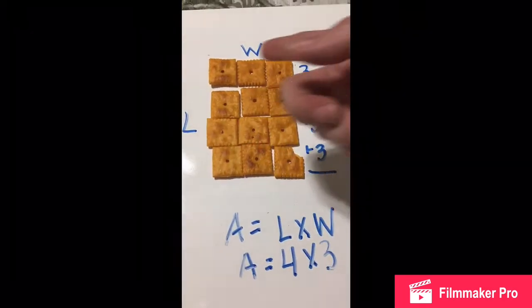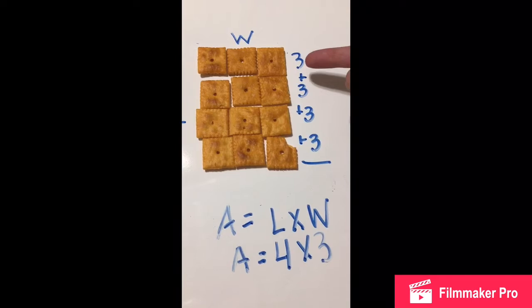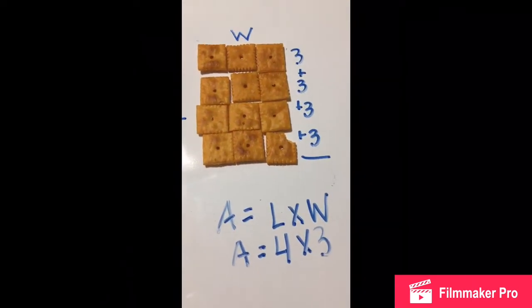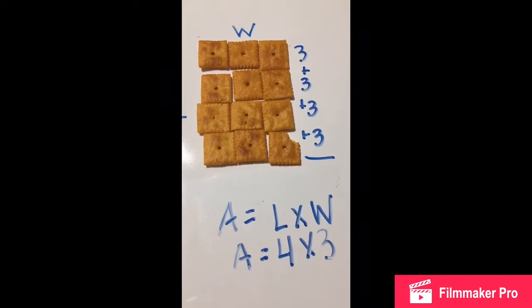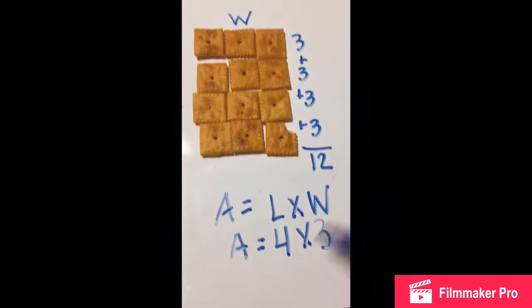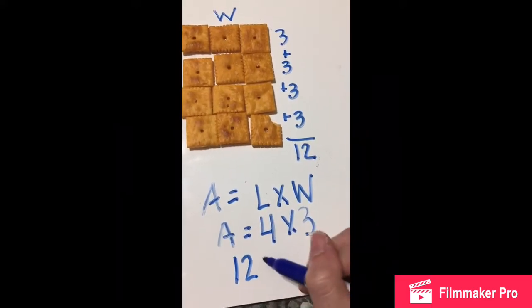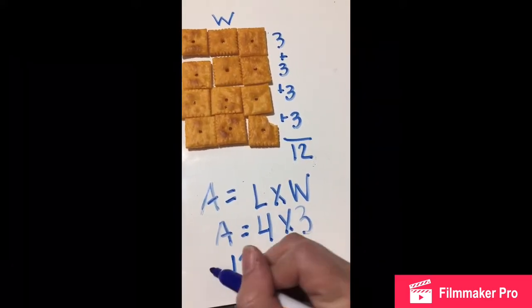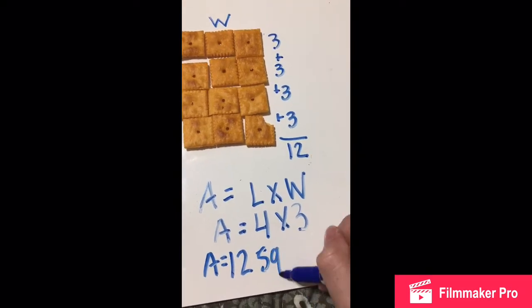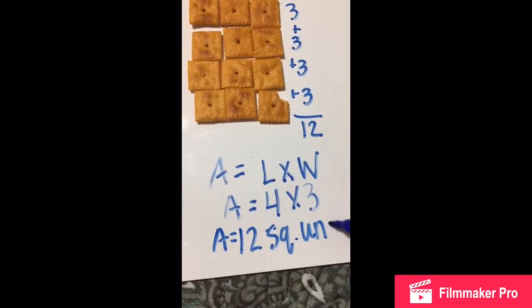But we have our 4 groups of 3 right here, so you can just count up your total Cheez-Its or your total square units. And in this case we have 3 plus 3 plus 3 plus 3 equals 12. So 12 is our area, and we usually label that with square units.